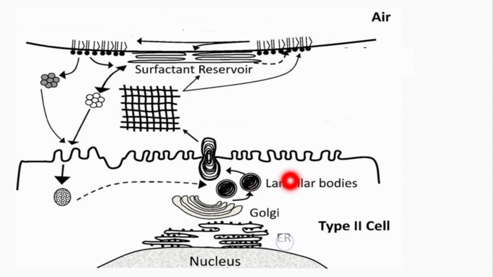Then these lamellar bodies are exocytosed from this type 2 cell. So, this is the membrane of the type 2 pneumocyte, and from here these lamellar bodies are exocytosed.